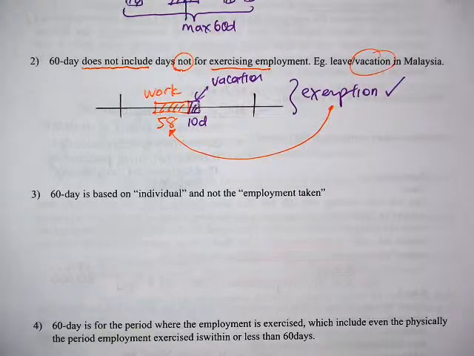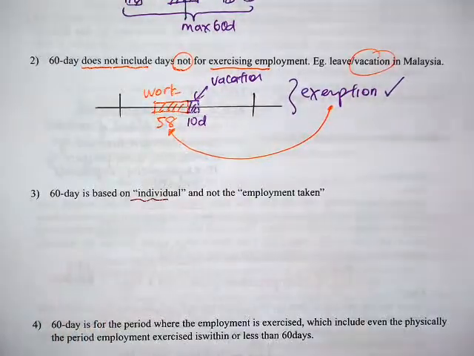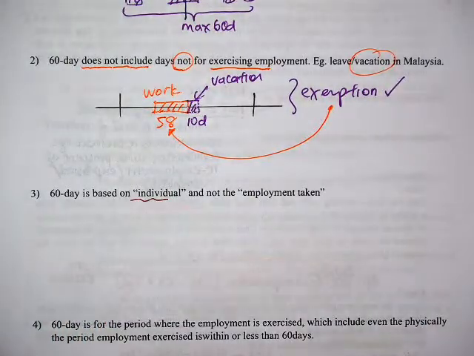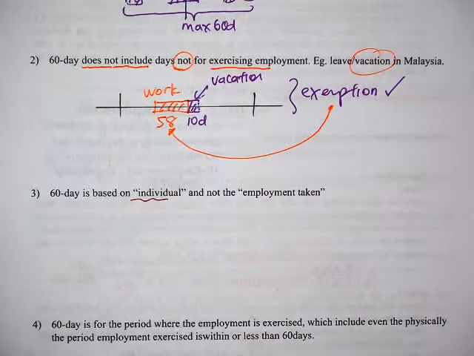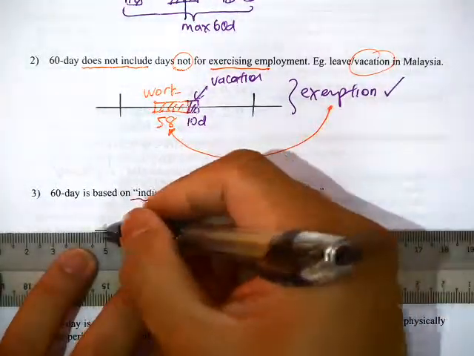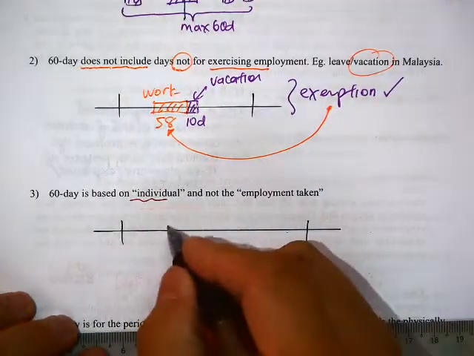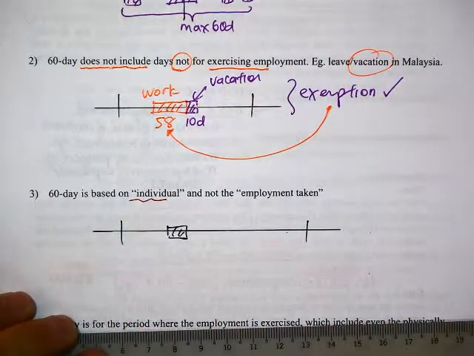Now the 60 days is based on the individual, and it's not based on the employment you have with the employer. So you can actually be employed with different bosses, coming down for different bosses, but the 60 days will still be the same. In total, all of them maximum 60. So imagine in a year, let's say the non-resident came to Malaysia.